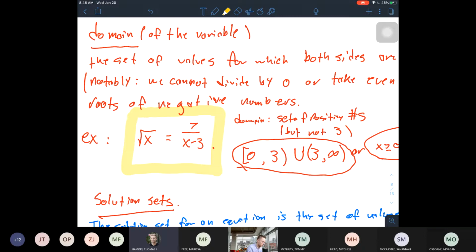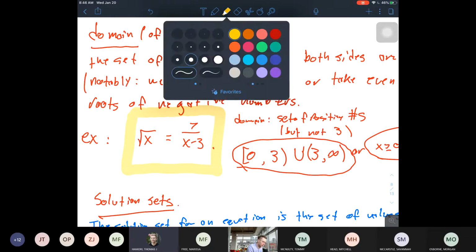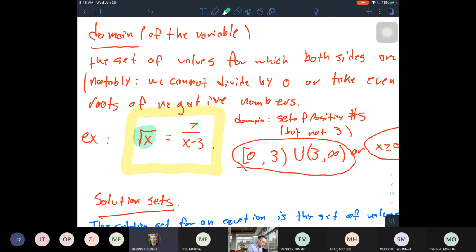We're looking individually at each of the two sides, and we want to say, before we move forward, let's have a statement about when this equation even makes sense, let alone is true.